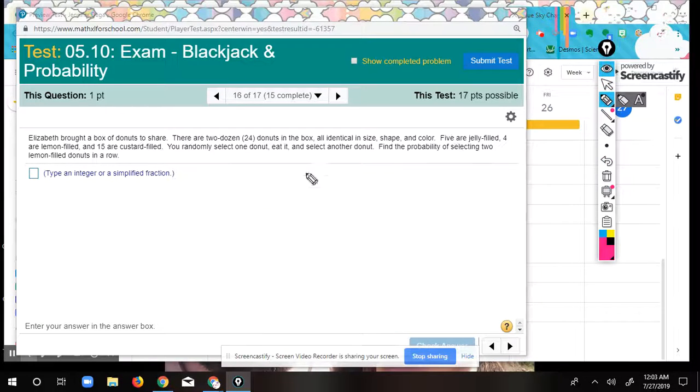So the first time, there are 24 donuts. And then we're going to take how many are lemon filled, and there are 4. So that's the probability of selecting a lemon-filled donut the first time. Now we're going to multiply by the probability of selecting a lemon-filled donut again. But now you ate a donut, so there's only 23 left. And there are only 3 lemon left.